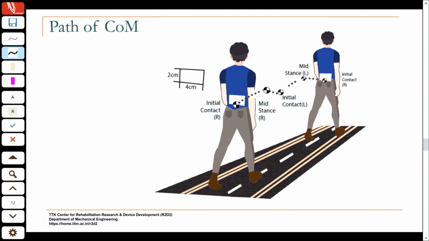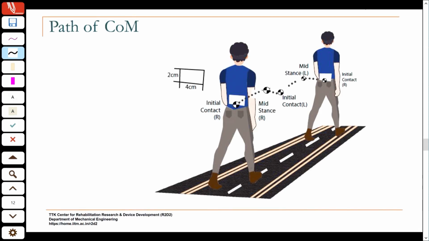So, you have the center of mass moving up and down if you look at it from the sagittal plane, and then if you look at it from the transverse plane, you will see that it is also moving sideways, because every time you shift, you are shifting your weight from one leg to the other, and as that is happening, the center of mass is having a trajectory in the transverse plane.